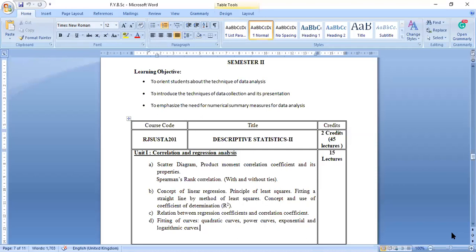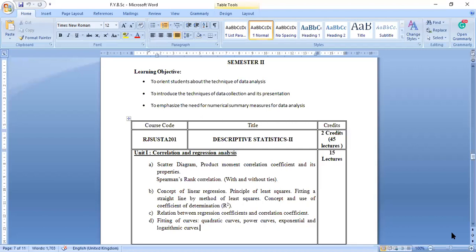Then I try to use correlation and regression concepts. I need to know what kind of relationship there is between the height of students and the weight of students.